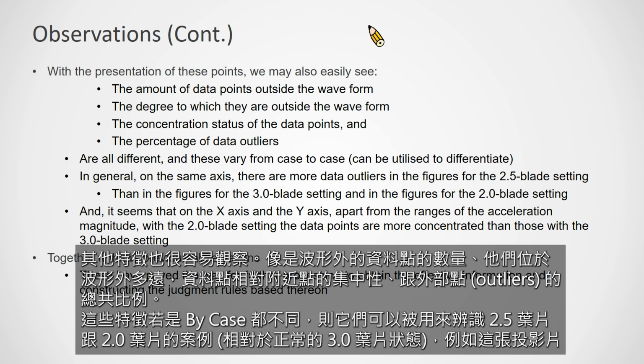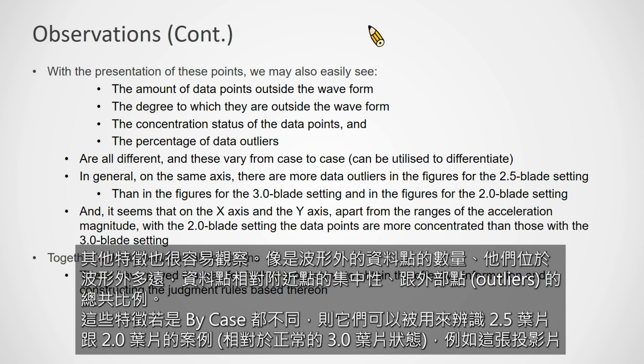For example, the amount of data points outside the waveform, the degree to which they are outside the waveform, the concentration status of the data points, and the percentage of data outliers. In general, on the same axis, there are more data outliers in the figures for the 2.5 blade setting than in the figures for the 3 blade setting and in the figures for the 2 blade setting.